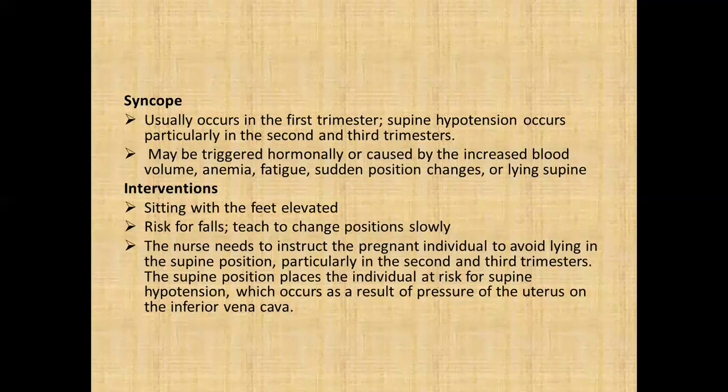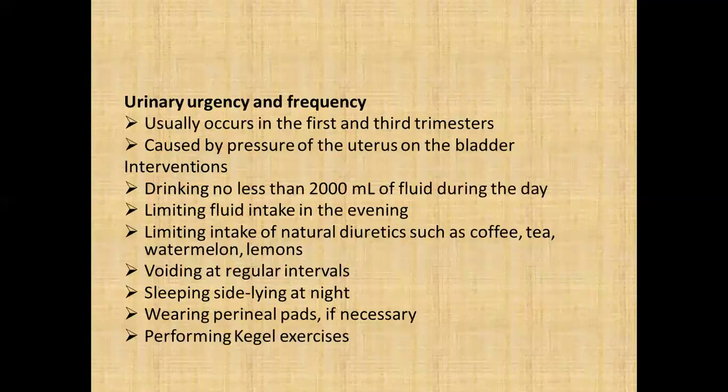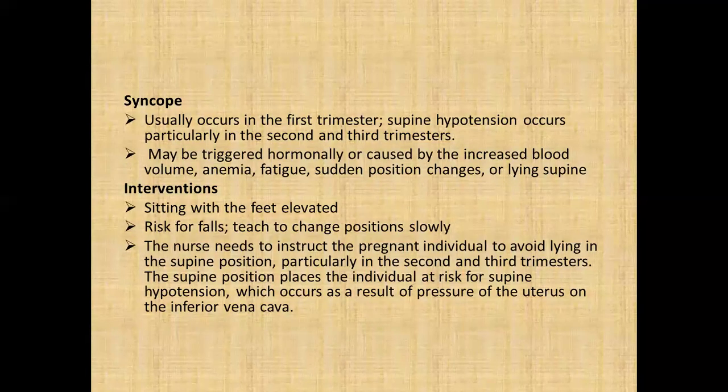The supine position places the individual at risk of supine hypotension, which occurs as a result of the pressure of the uterus being exerted on the inferior vena cava, as I already explained, which can drop the cardiac output, and the person can experience dizziness and fall down. So this is how to tell the mothers to avoid dizziness during pregnancy.